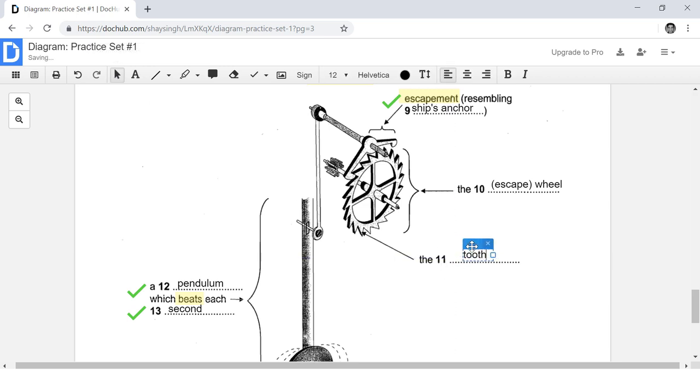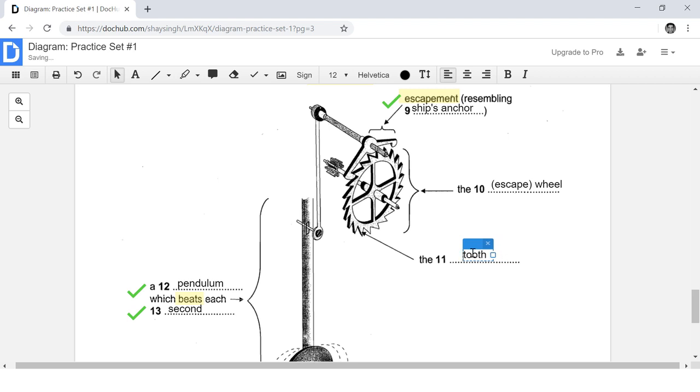Guys, I want to point out one thing. It's a mistake that sometimes students make, which is that instead of writing the word tooth as the answer, they might put the tooth. If you do this, then your answer is going to be marked wrong. The reason is that the word the already appears over here, so you don't have to rewrite it. Don't write it again.